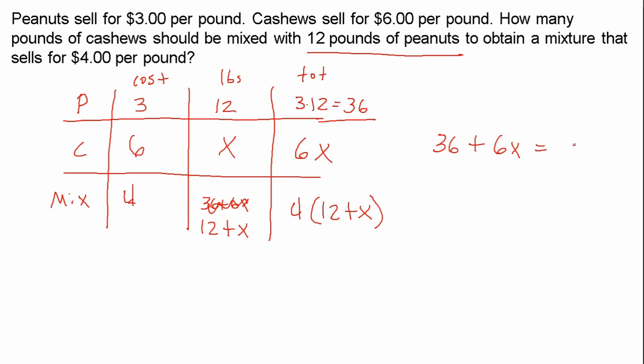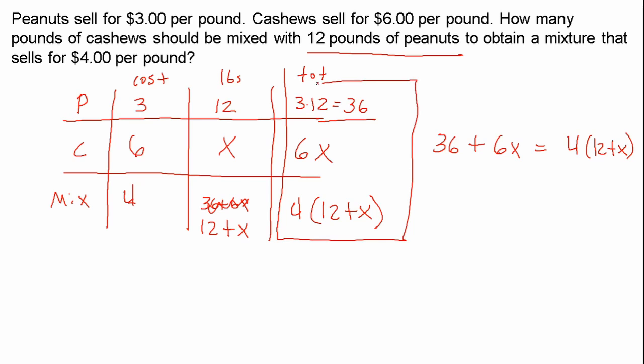It's going to equal 4 times 12 plus x. Again, I just took this row, I added the amount of peanuts to the total amount of cashews, and I know that's going to equal our total amount of mix. And that's how I came up with this formula.